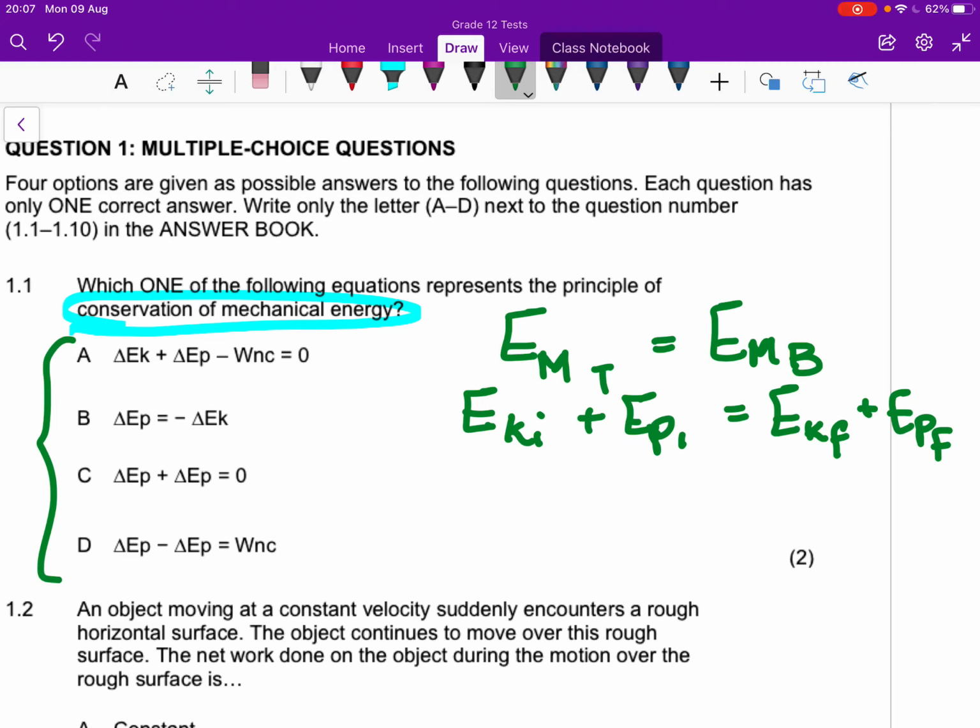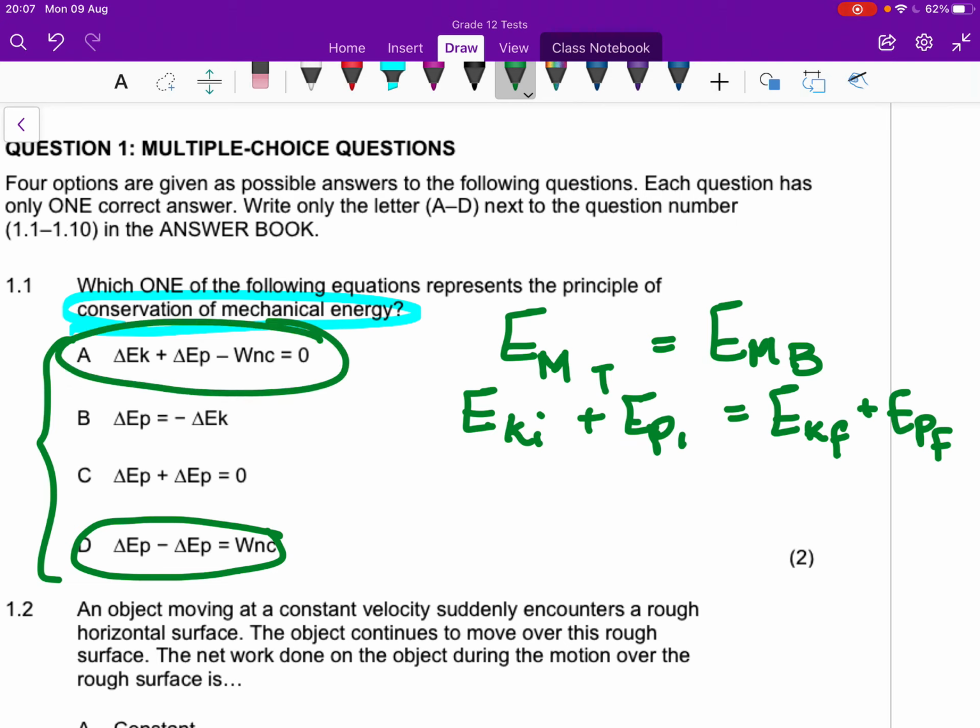The only way mechanical energy can be conserved is if there's no external forces. So we can't use any of those, because those all include something to do with non-conservative forces. So they're saying that there's friction or applied force being applied, which isn't the case.